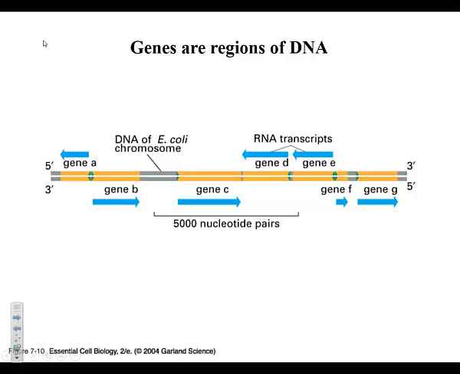Often in prokaryotes, such as E. coli, the genes are clustered together, genes with common function, so that you would get an RNA transcript for 2 or more genes at one time. But in the case of eukaryotic organisms, you really only see one gene being transcribed at a time.